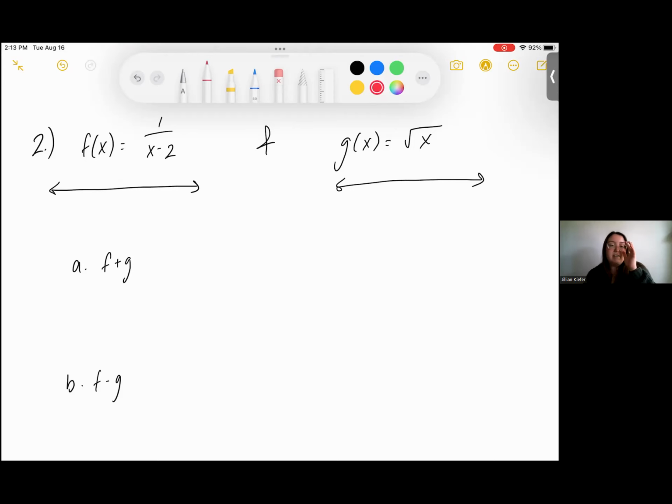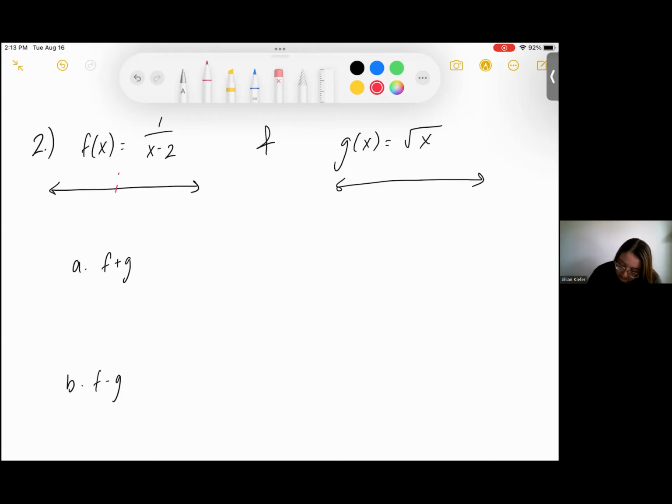So starting with f of x, we have 1 divided by x minus 2. The idea here is that we can include any values except anything that would make our denominator equal to 0. In our case, the only number that would make our denominator equal to 0 would be 2. 2 minus 2 is 0, so we're saying that x cannot be 2.